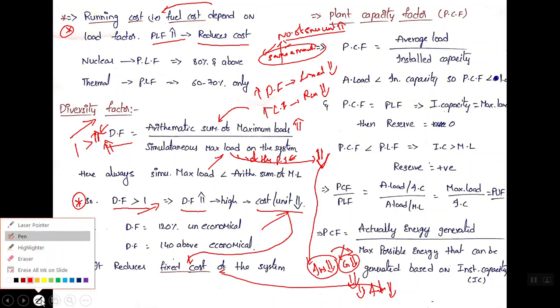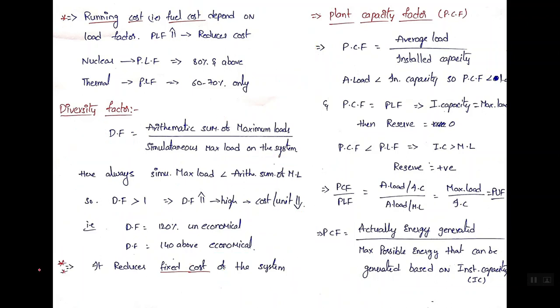Okay, and the next one, plant capacity factor, PCF. It is average load by installed capacity. We know that load factor is equal to average load by maximum load.